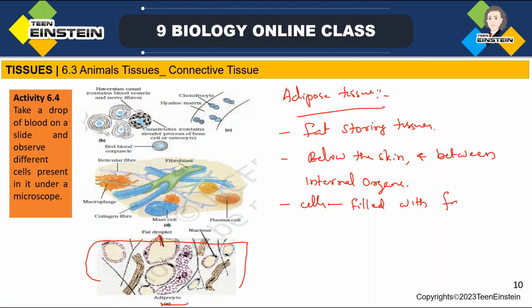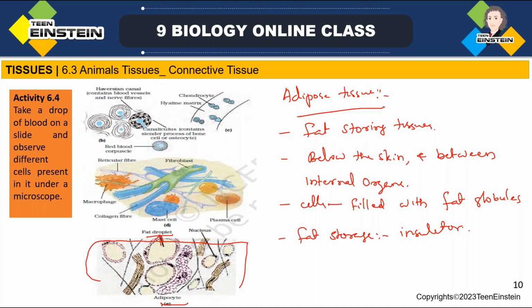Here you can see fat droplets. Due to the fat storage, they act as insulator.